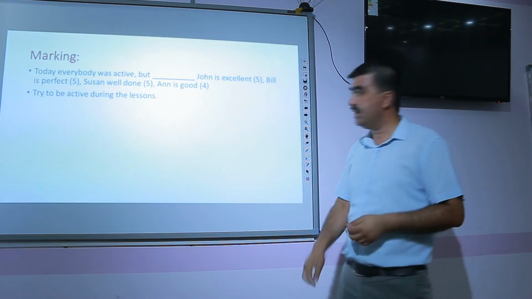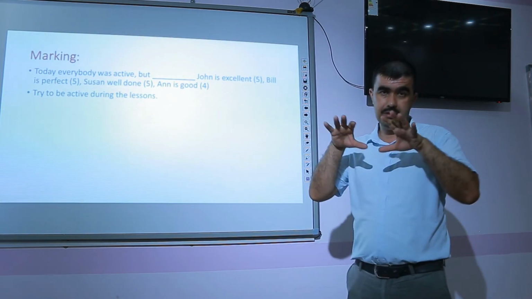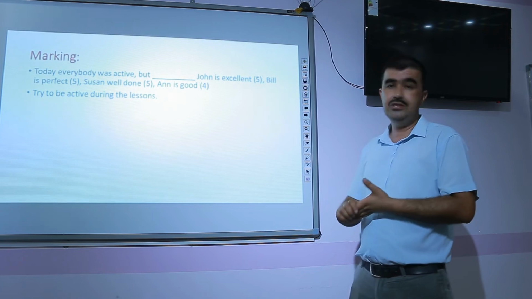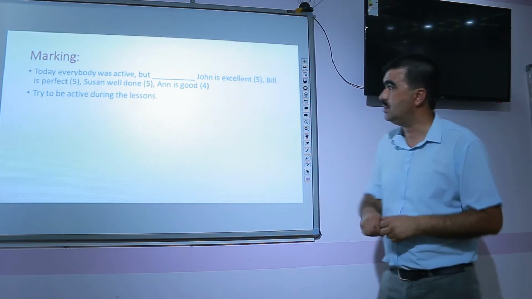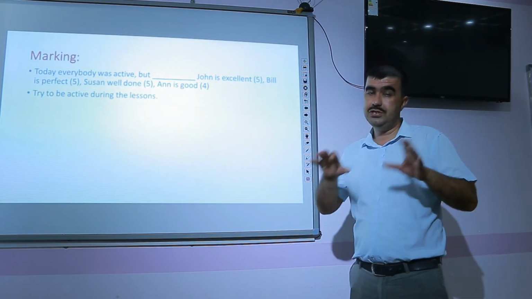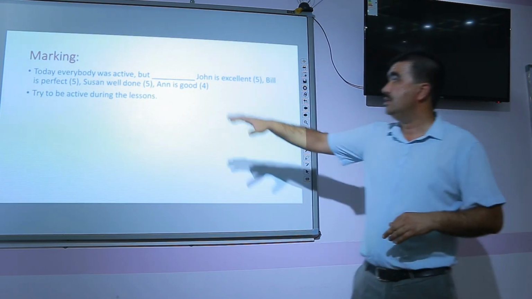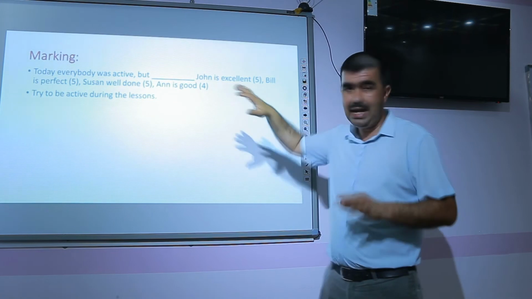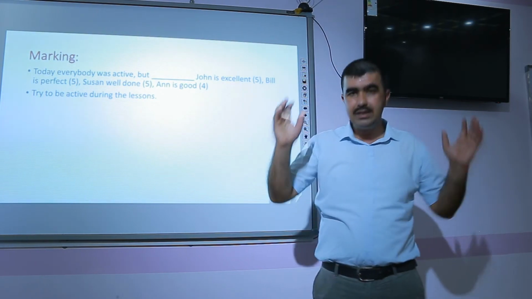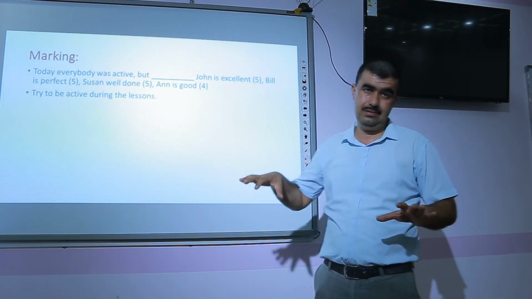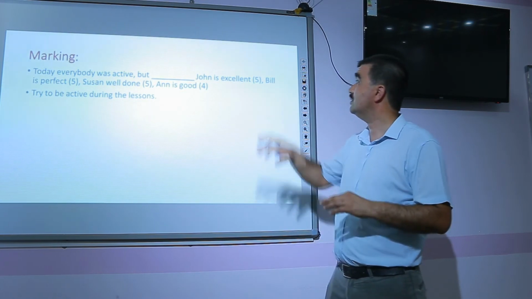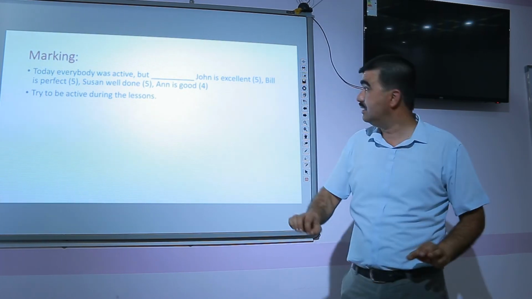Marking. It's a very important period of the lesson. The teacher should mark the students. So what should he or she say during the lesson when marking the students? Today everybody was active, or today you are active. So John is excellent.